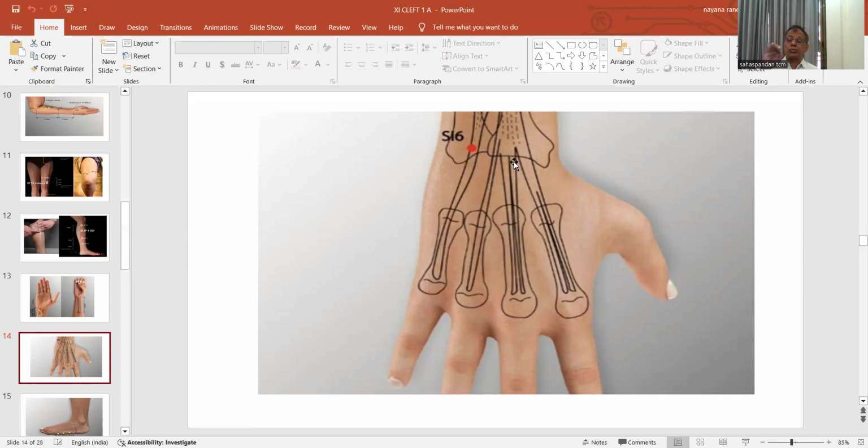It is also used as a distal point for acute contraction and sprain of the lumbar region. If there is acute contraction and pain in the lumbar region, apply SI 6.